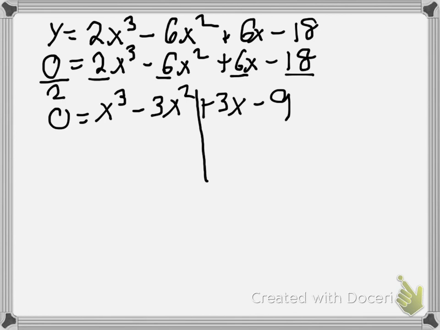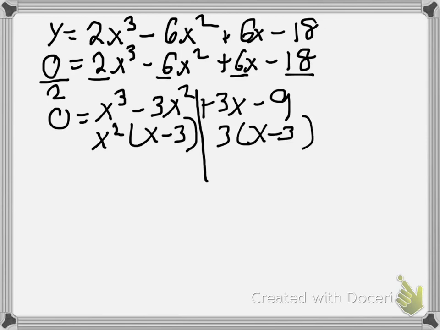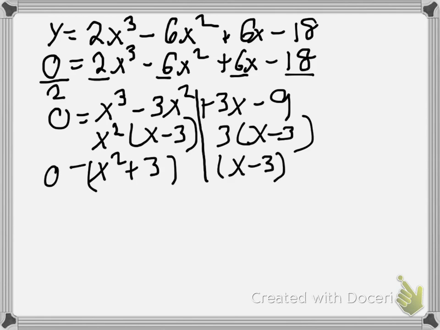So I'm going to have x squared times x minus 3, and I'm going to have 3 times x minus 3. So far so good, right? So now I have x squared plus 3 times x minus 3, and that's still equal to 0.